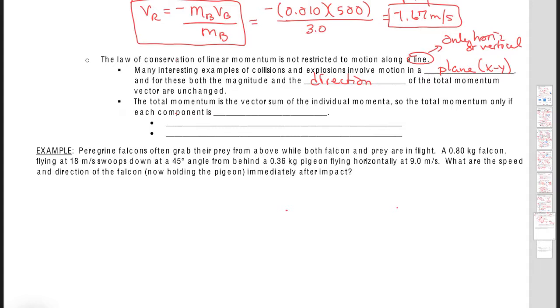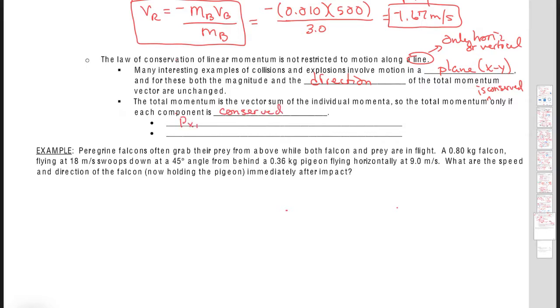That's the plural form of momentum. So the total momentum is conserved only if each component is conserved as well. What does that mean?